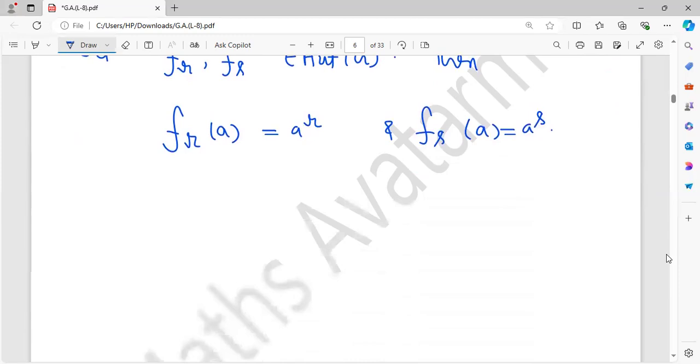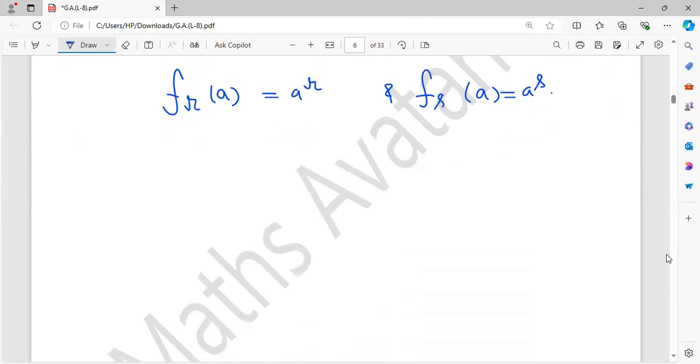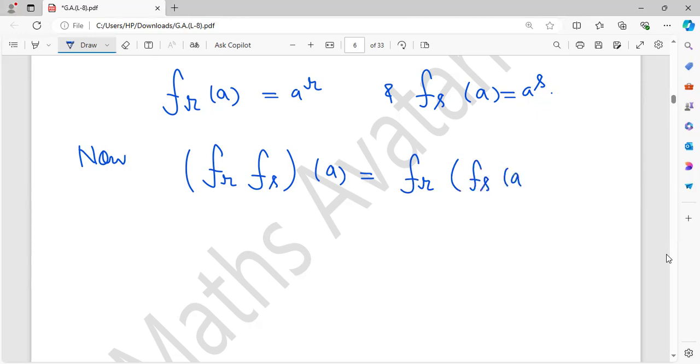Now F_r F_s, what is this? This is equal to F_r F_s(A). What is this? F_r of A to the power s, and the meaning of this is (A to the power s) to the power r.